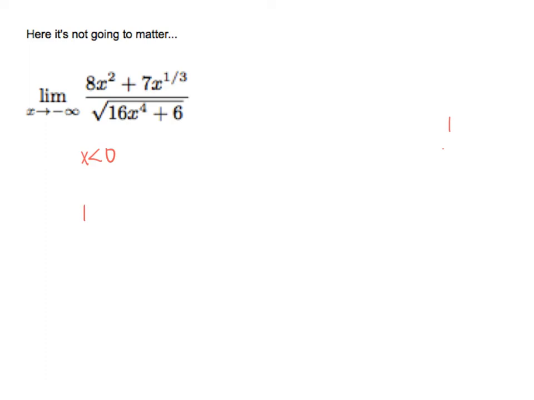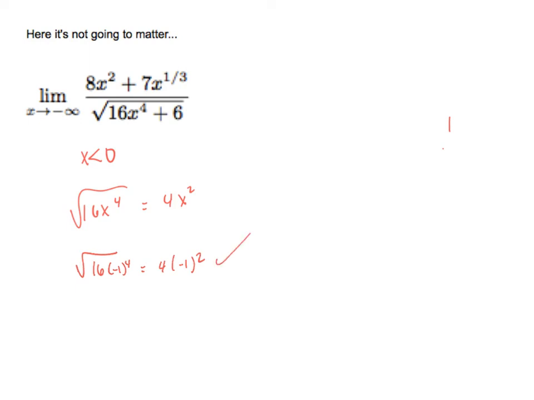Now I need to analyze this and say, well, is this always true? Does the square root of 16x to the 4th always equal 4x squared? Well, let's test it with the negative, because that's where the problem would be. So let's just use -1. Is this a true statement? Yeah, it is this time.